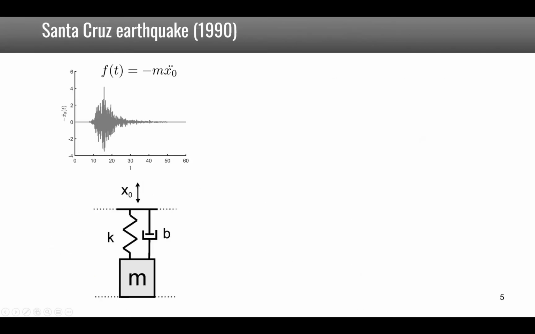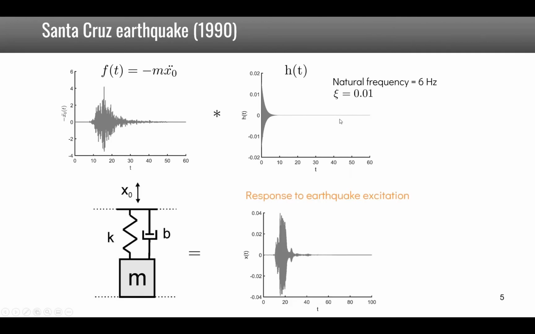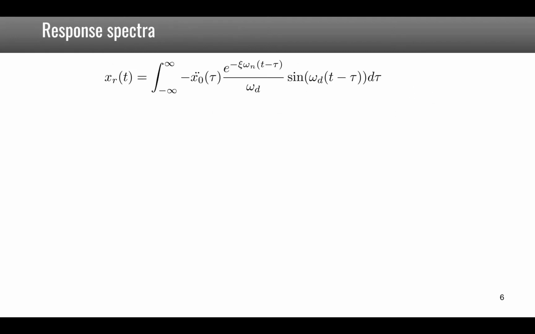If we do this, for example, with the Santa Cruz earthquake, and we take a system that has a natural frequency of 6 Hz and a damping of 1%, this results in the response of the mass to the earthquake.